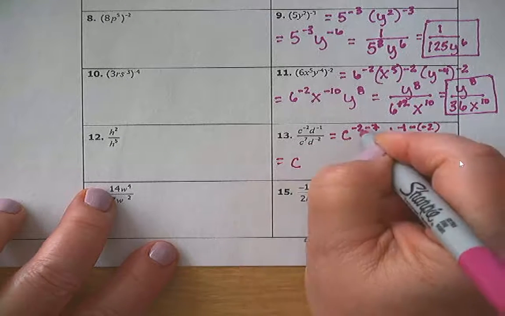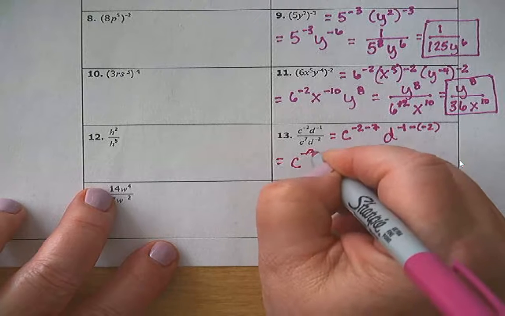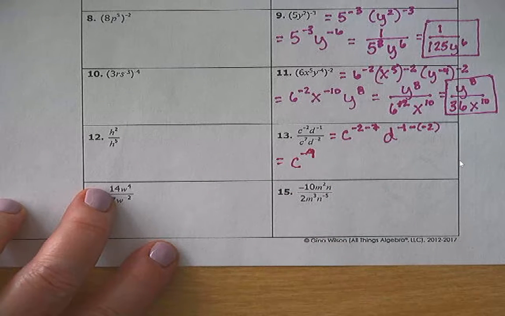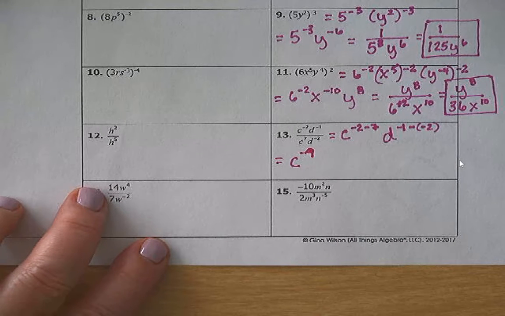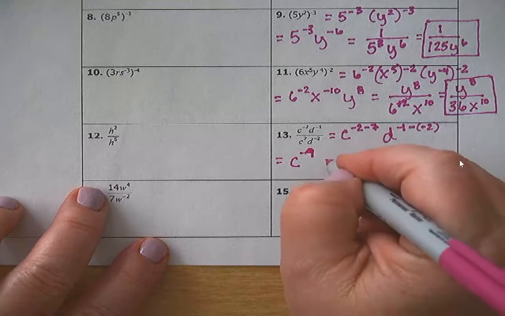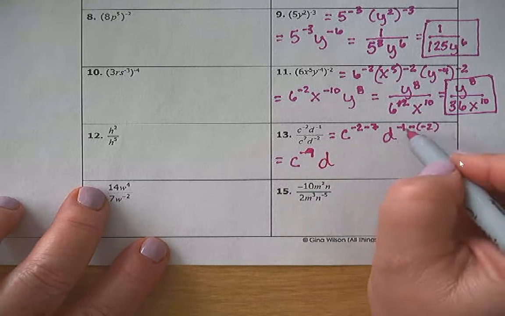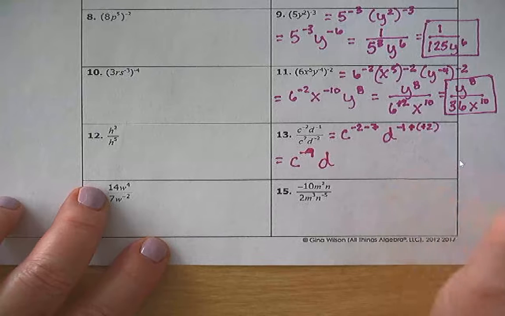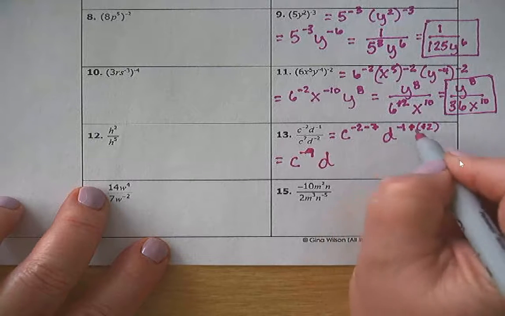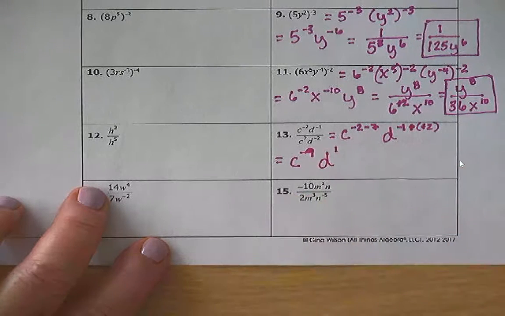For C, negative 2 minus 7 is negative 9. Again, consult a calculator if you're not sure of your addition of integer skills. For D, I have negative 1 minus a negative 2, which means negative 1 plus a positive 2, and negative 1 plus 2 is just 1.